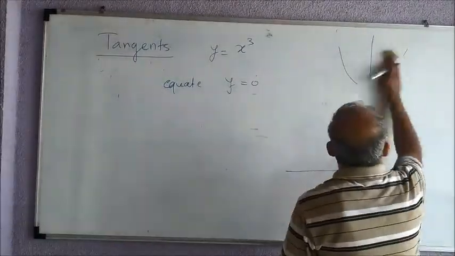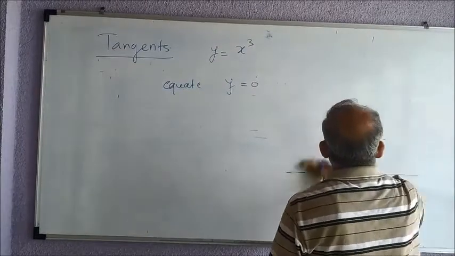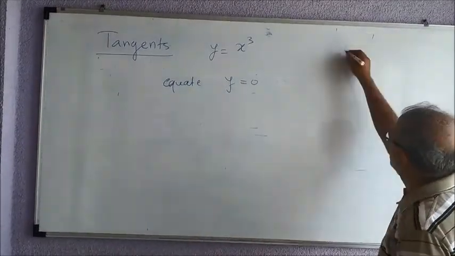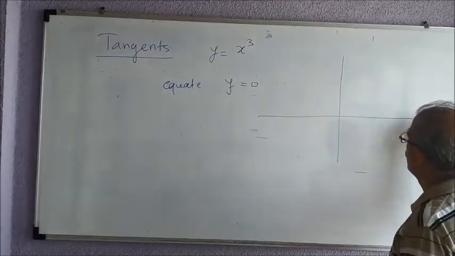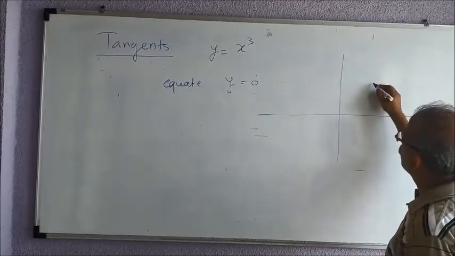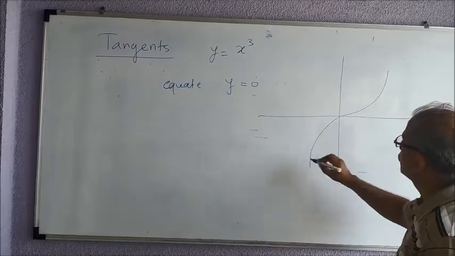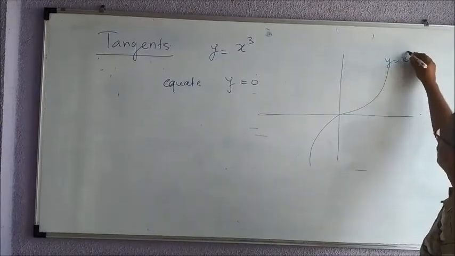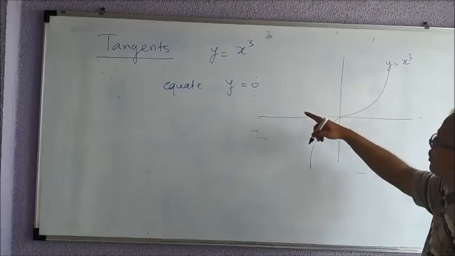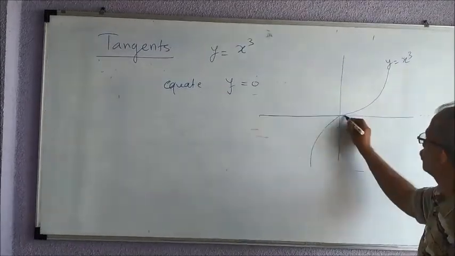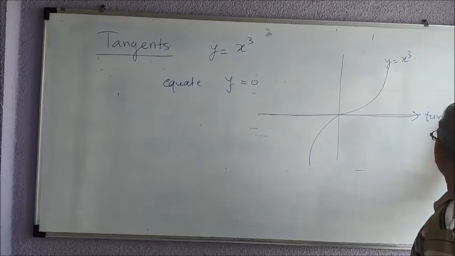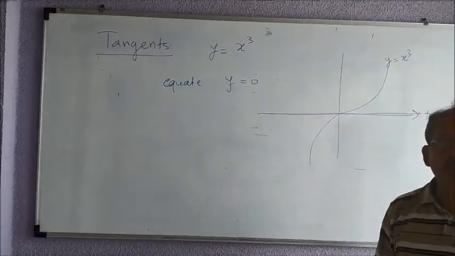So let me draw this curve. y equal to x cube is like this. See what the tangent to this curve at origin is. It is y equal to 0. That means this is the tangent. Understood?